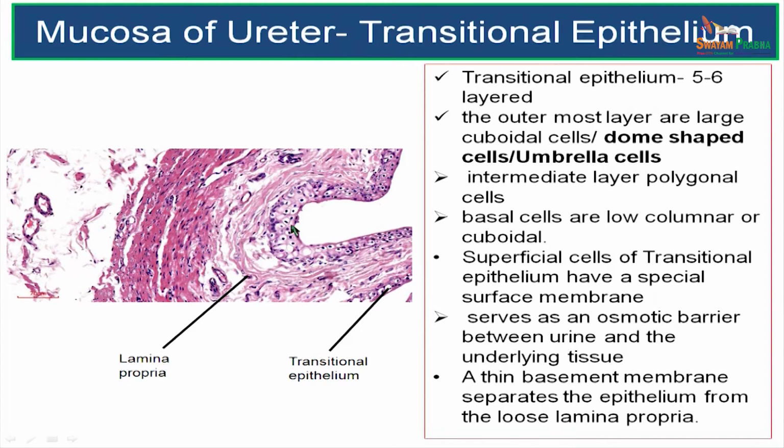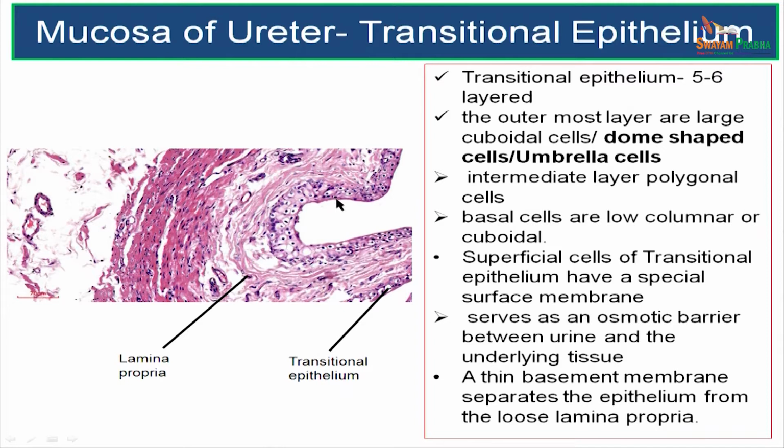Cells of the intermediate layer are polygonal, and cells of the basal layer are low columnar or cuboidal. I repeat, there are 5 to 6 layers in an empty wall of the ureter. The outermost layer is dome shaped, cuboidal or umbrella cells. The intermediate layer is polygonal cells, and the basal cells are low columnar or cuboidal.